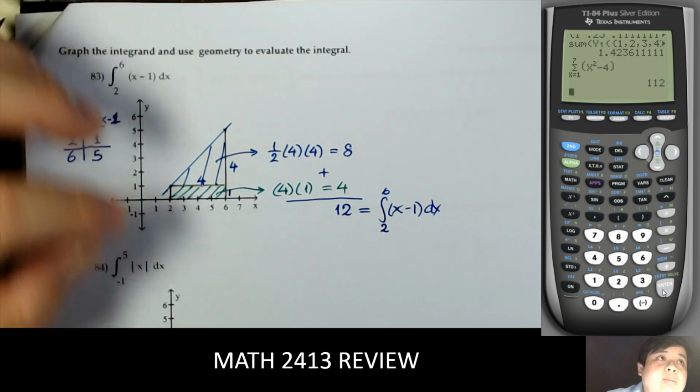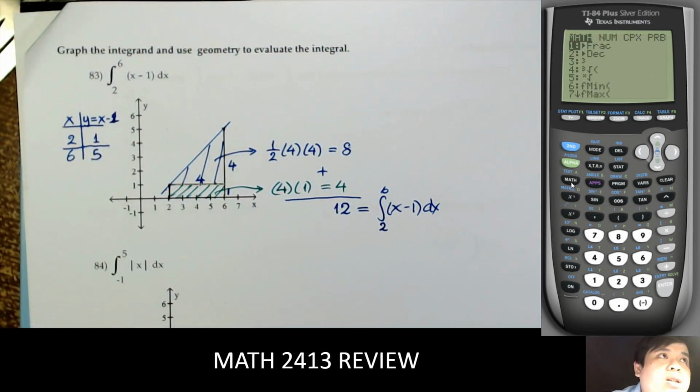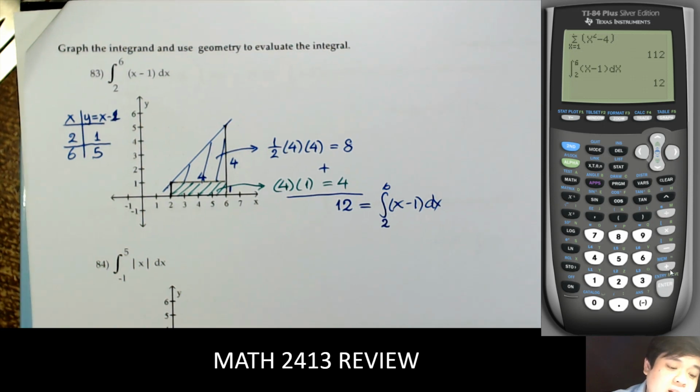Of course, if we want to confirm with the calculator, hit math number 9 from 2 to 6, or just do it by hand. But doing it by hand is the next part of the section.